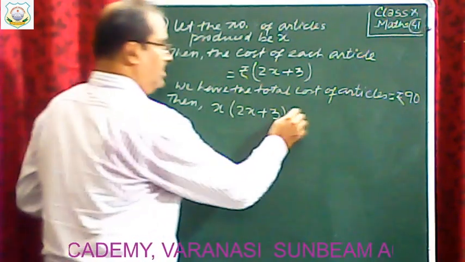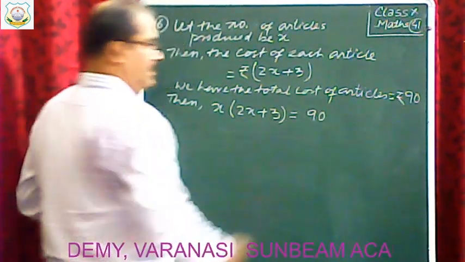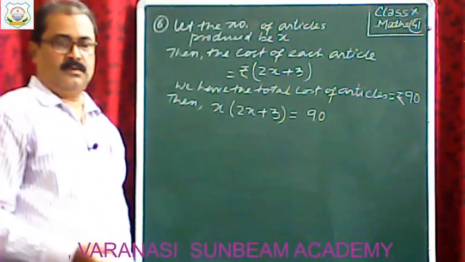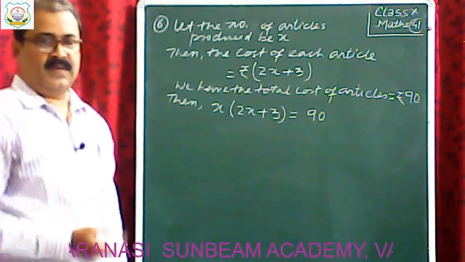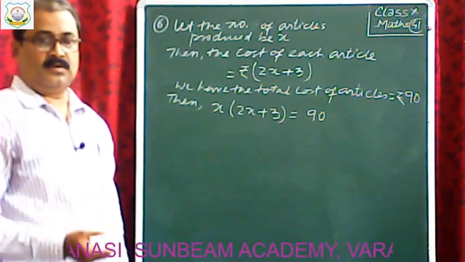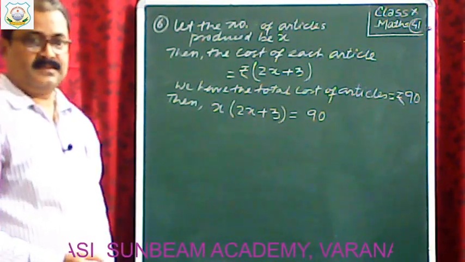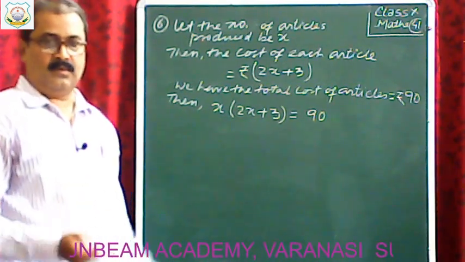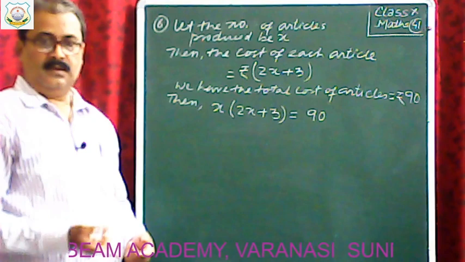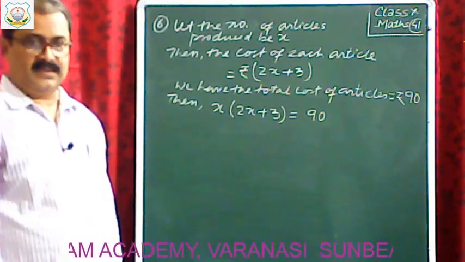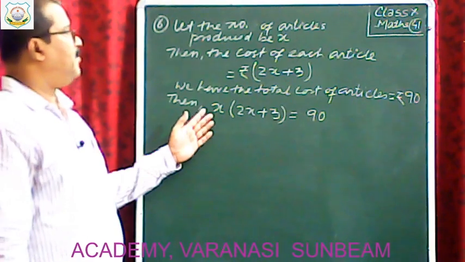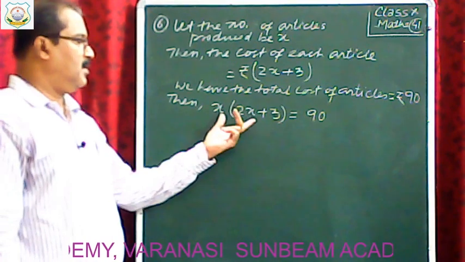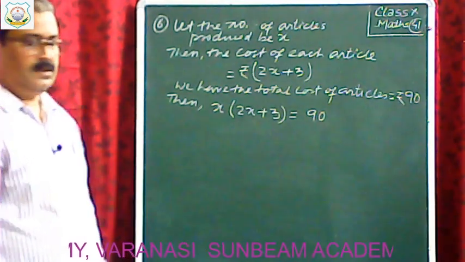If we multiply, then we get total cost, that is rupees 90. Any doubt? Suppose cost of each pen is rupees 5. Then cost of 10 pens. So 10 number of pens and cost of each pen rupees 5. What you have to do? You have to multiply 10 by 5. We get total cost of 10 pens. Similarly, here total number of articles produced x, cost of each article 2x plus 3, product of them equal to total cost.